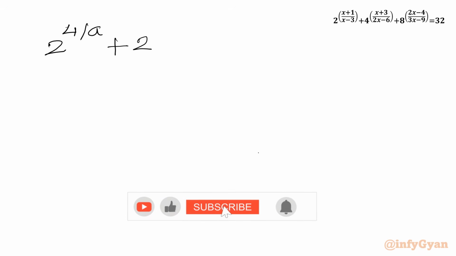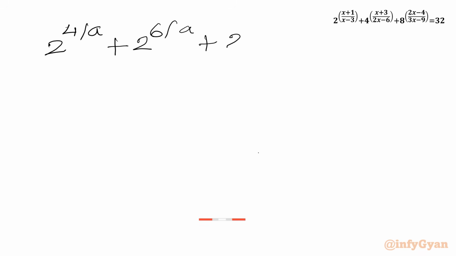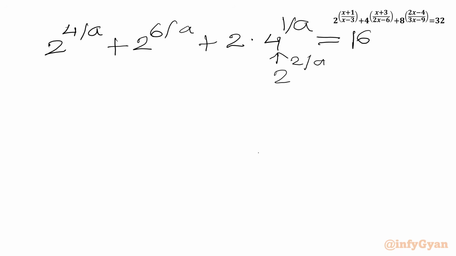Let us write here 2 power 4/a plus 2 power 6/a plus 2 times 4 power 1/a equal to 16. Now this 4 can be written as 2 square, and using power rule this will become 2 power 2/a.